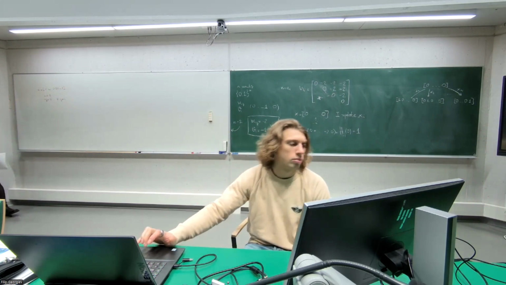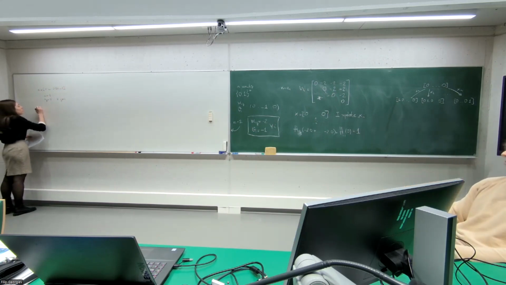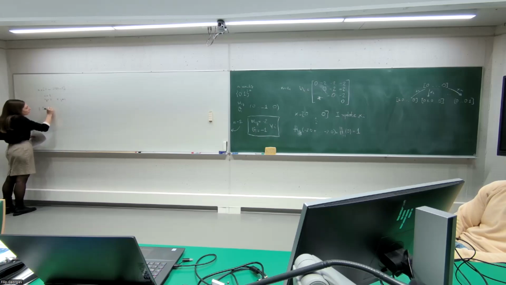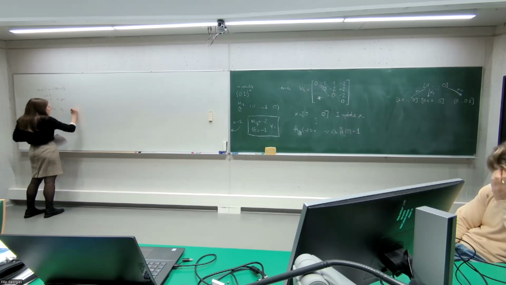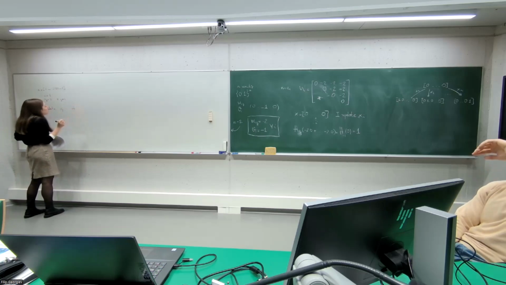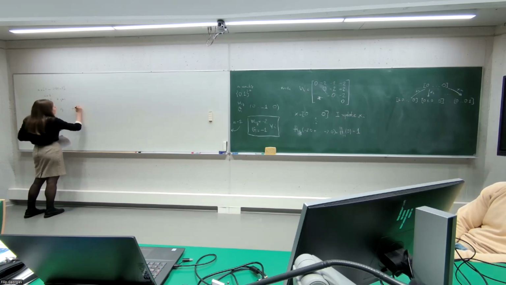If I update an x_j, what I obtain is that I do H of minus 1 of what?